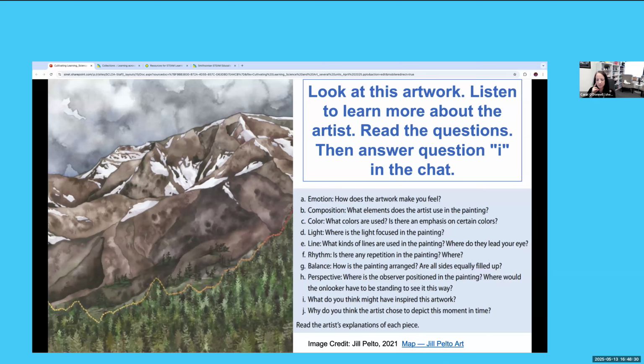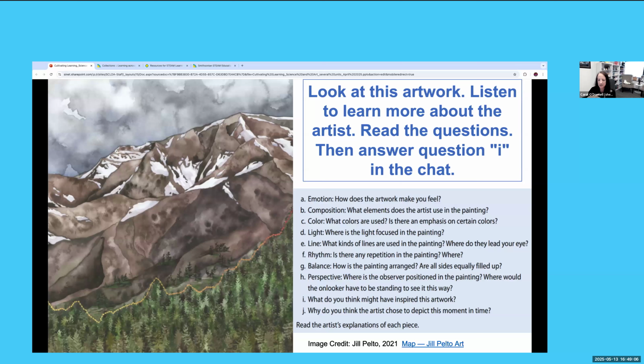All right, so this is called painting number 1, and this is by Jill Pelto. It's watercolor and colored pencil from 2021, and she called the painting Tree Line Migration. This painting is the fifth and final painting that Jill Pelto did in a series depicting how Norway spruce and other trees may shift habitat zones as the climate changes rapidly.